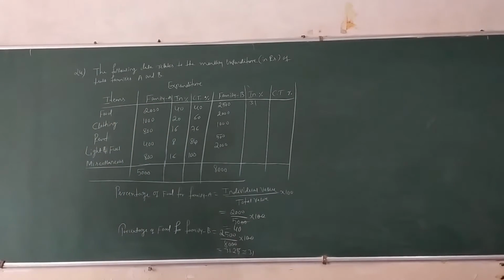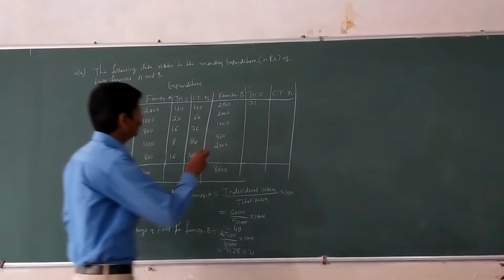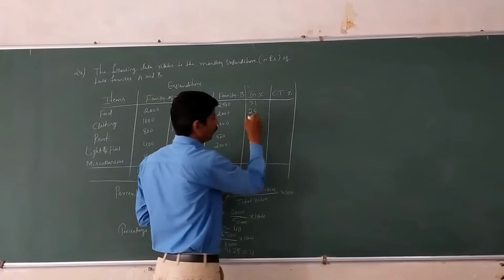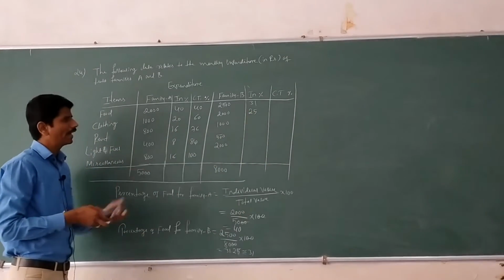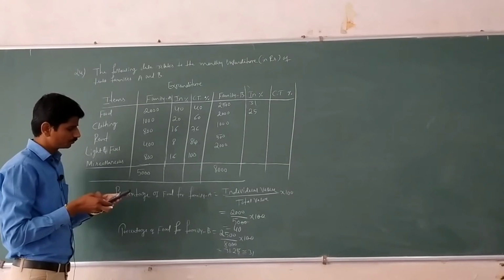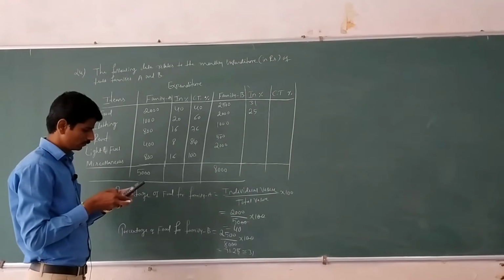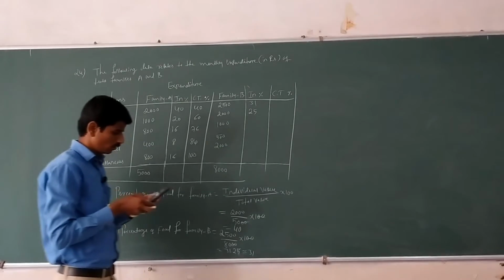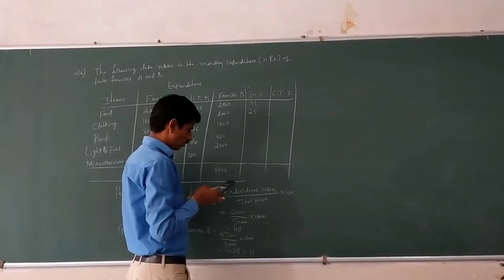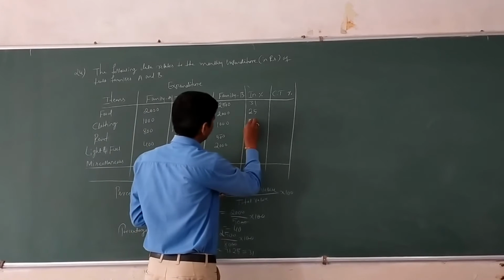Similarly, the remaining expenditures are calculated. Here 2000 divided by 8000 into 100 is 25. The next, 1000 divided by 8000 into 100, is 12.5, which means 13.